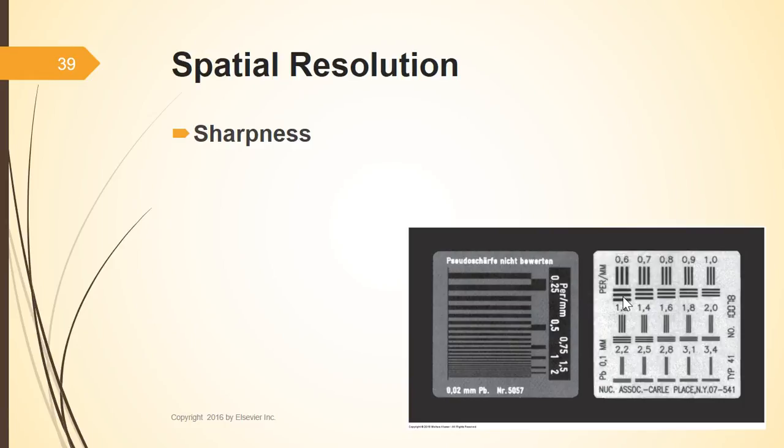Spatial resolution is measured in lines per millimeter, and that's what this is right here, these are the actual lines. What we're looking at is the space between them, and the smaller the space between them, you still want to be able to see each of those lines individually. Now, do you need to know any of those numbers?